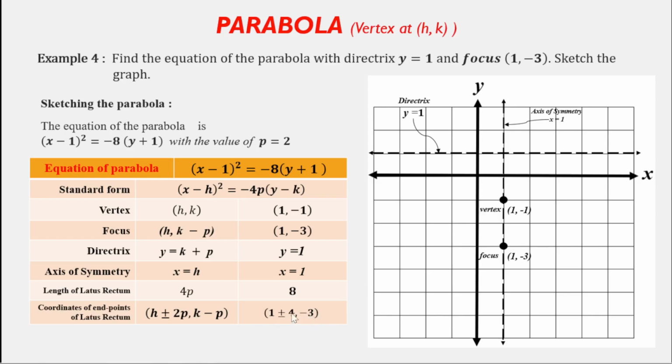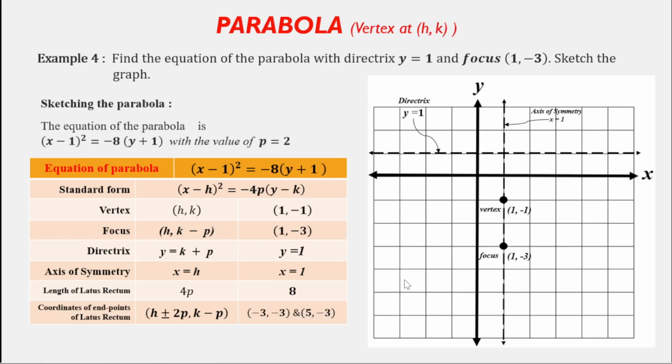If we split this into two coordinates, take note that 1 + 4 is equal to 5 and 1 - 4 is equal to -3. Then the coordinates of the endpoints of the latus rectum are (-3, -3) and (5, -3).